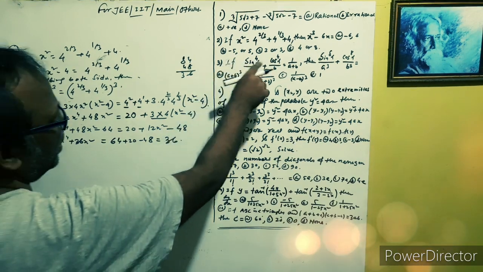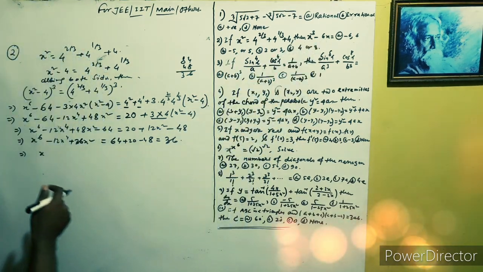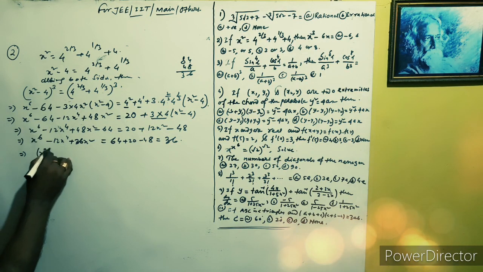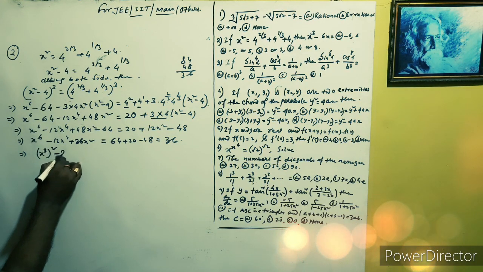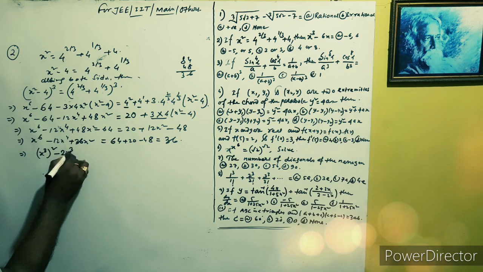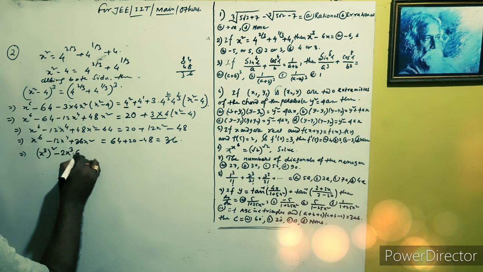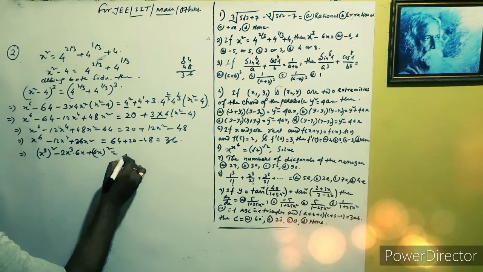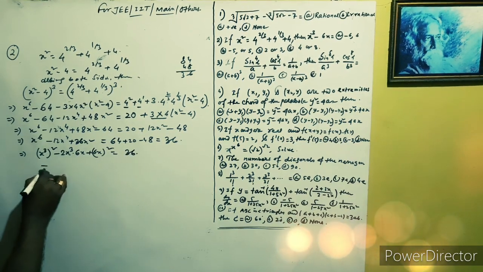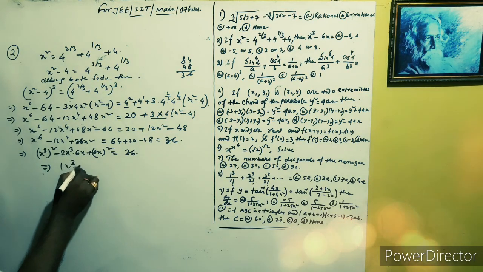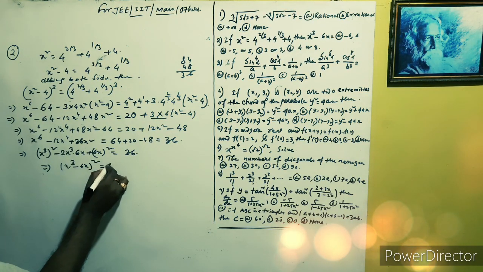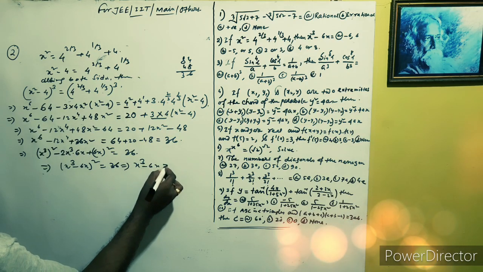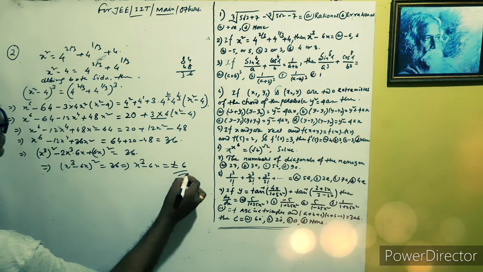I want to get here x cube minus 6x. So x cube whole square minus 2x cube into 6x plus 6x whole square, and this is 36. So x cube minus 6x whole square equal to 36, implies that x cube minus 6x is equal to plus minus 6.